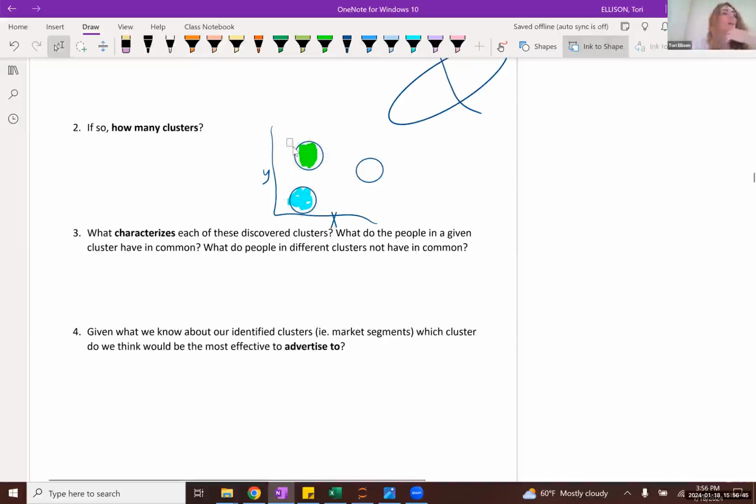If that's the case, maybe that would be a good group of people to advertise the yoga studio to. So we need to figure out what characterizes those clusters and then think about how we can use those insights for our overarching research goal, our motivation, if you will. So, questions on that?